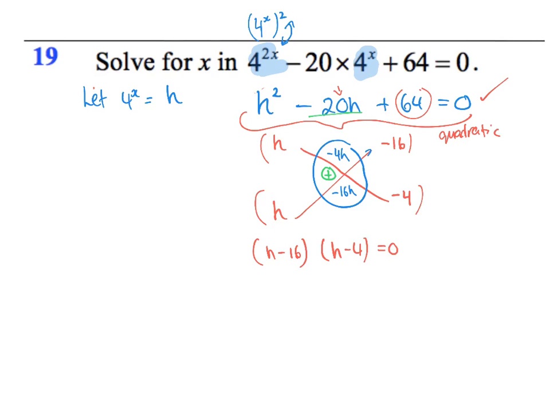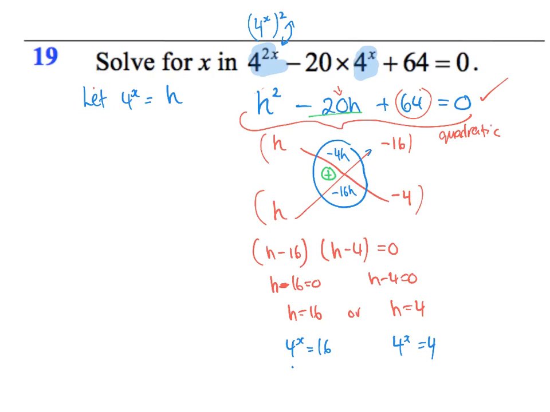And then remember the null factor law? You let each factor equal 0. And then you know h equals 16 or h equals 4. But we don't want to know what h is. We said that h was 4 to the power of x. So 4 to the power of x equals 4.